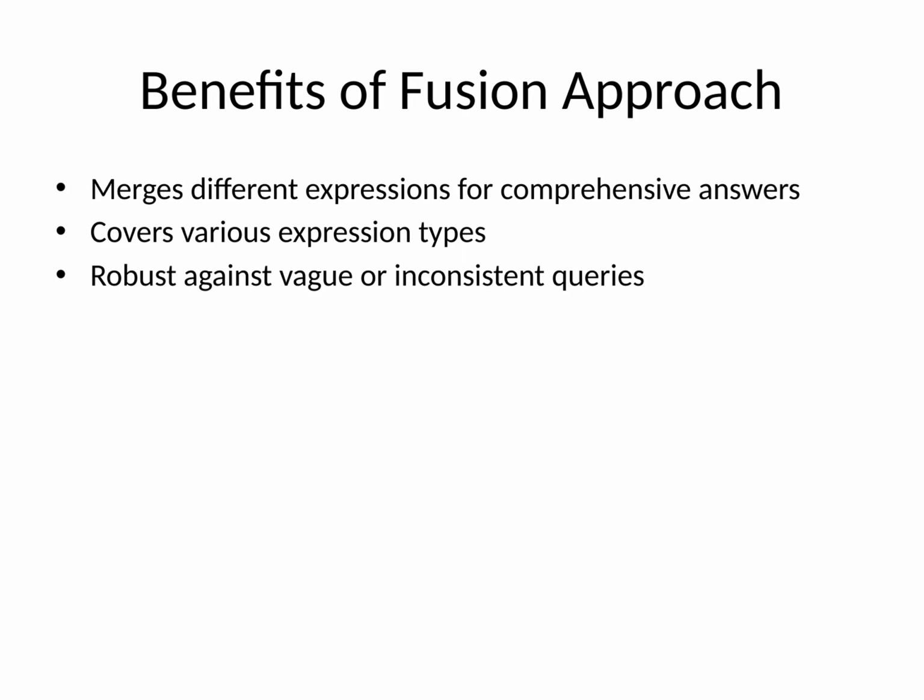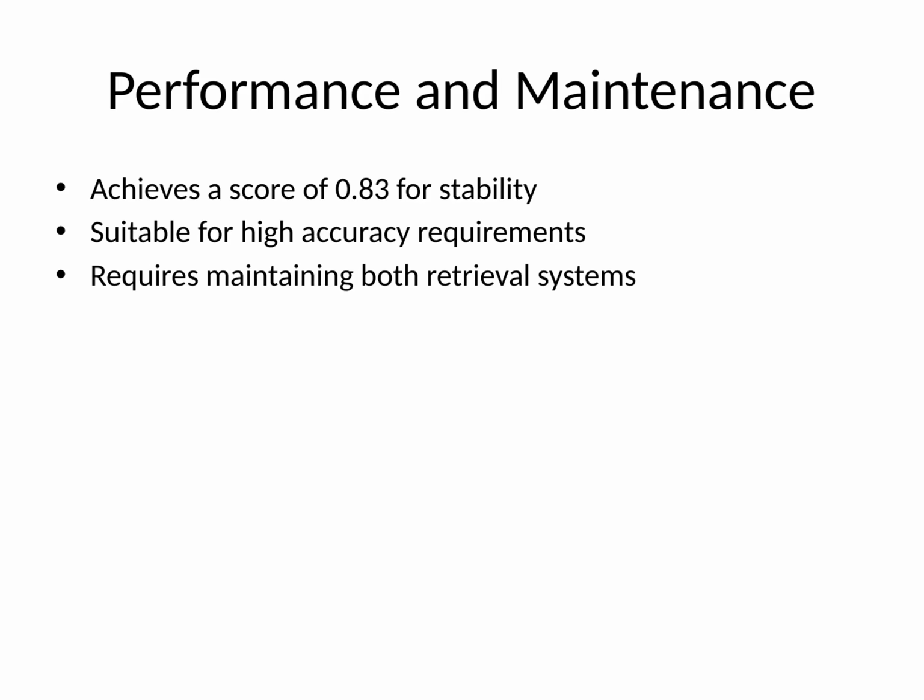This approach covers different types of expressions and is robust against vague or inconsistent queries. This method achieves a score of 0.83, showing stable performance, especially suitable for scenarios with high accuracy requirements. Although it requires maintaining both retrieval systems, the overall effect far exceeds using a single method.